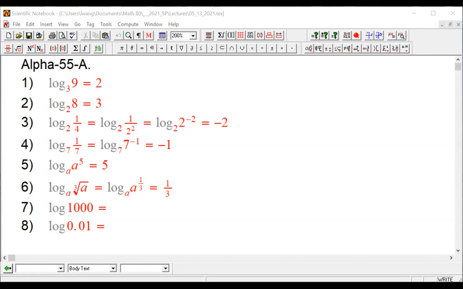Do we have answers for those? What's the common log of 1,000? What number power 10 equals 1,000? That's the answer we're looking for, right? So you're looking for that power. That power of 10 equals 1,000. So what should that power be?